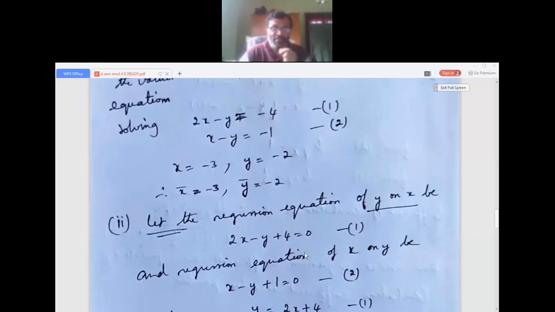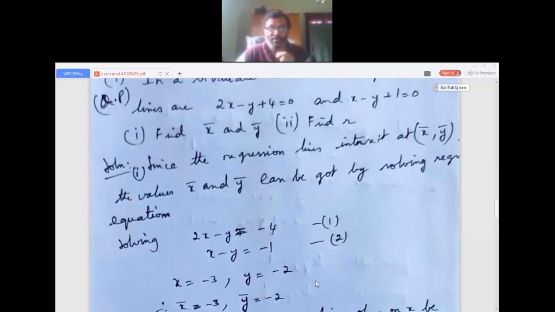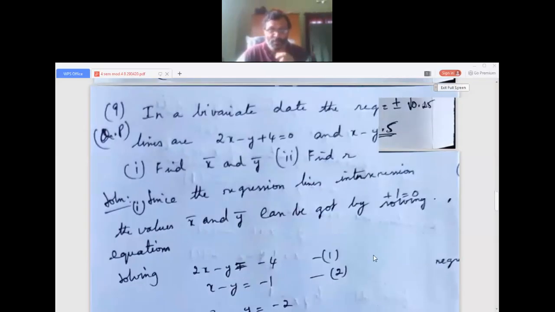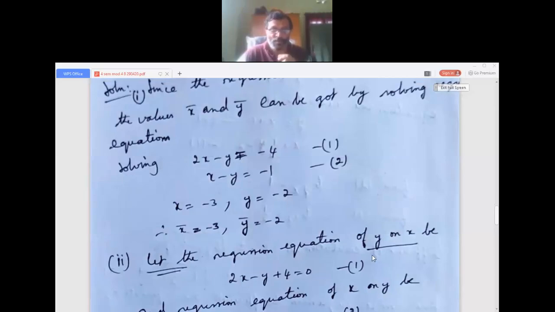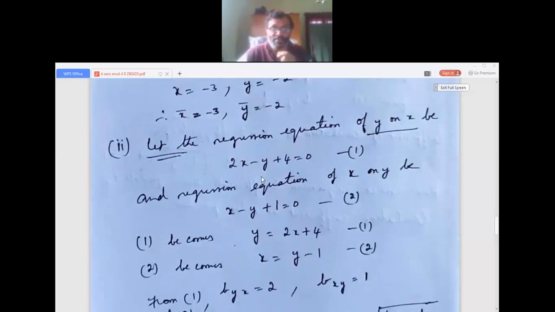If this is the regression equation of y on x, then the other one will be the regression equation of x on y. Only two: y on x, x on y. The first one is 1, the second one is 2.